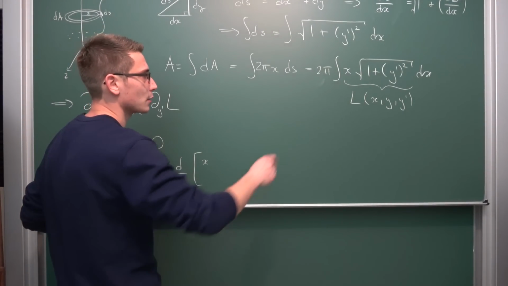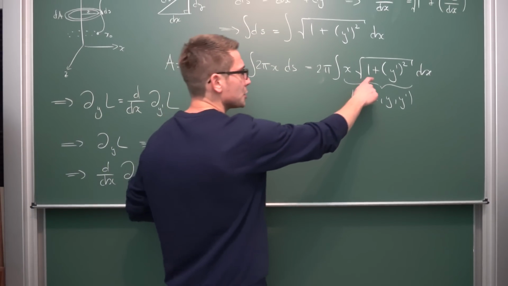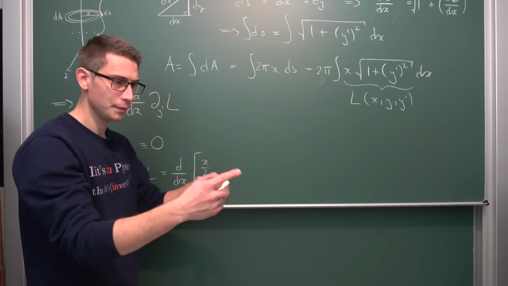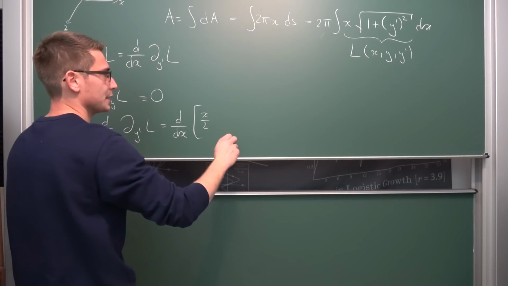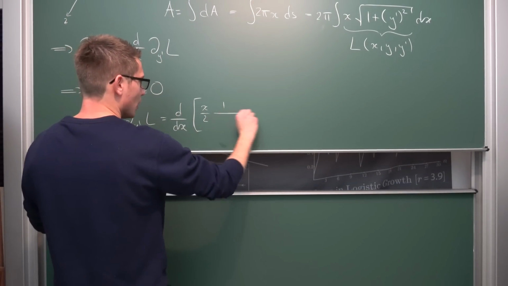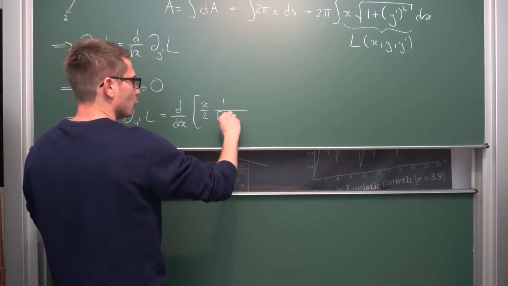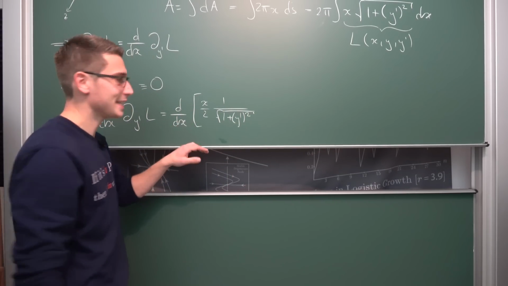Power rule tells us that we are going to drag the 1/2, so the exponent, to the front, reducing our original exponent by 1, giving us to the negative 1/2 power of our radicand that we got right here. Sorry, not a discriminant, this is the radicand. Meaning we get 1 over square root of 1 plus y prime squared. Now we need to take the inner derivative.